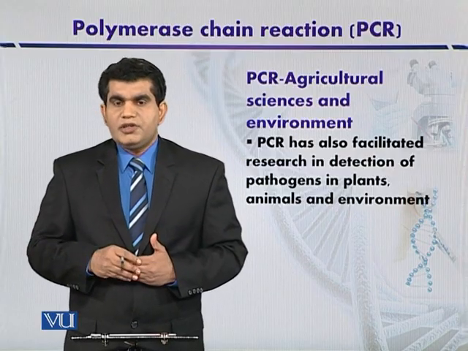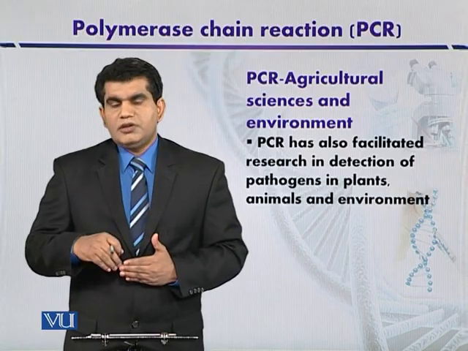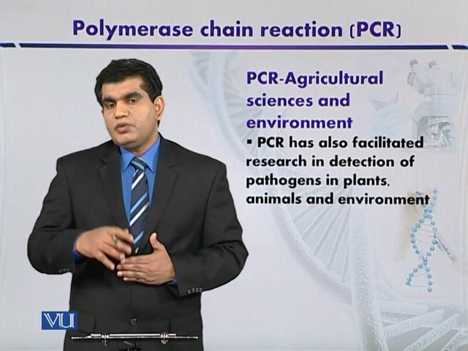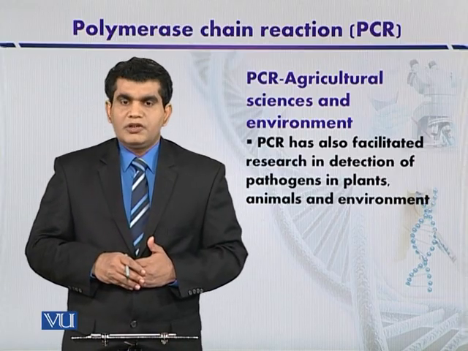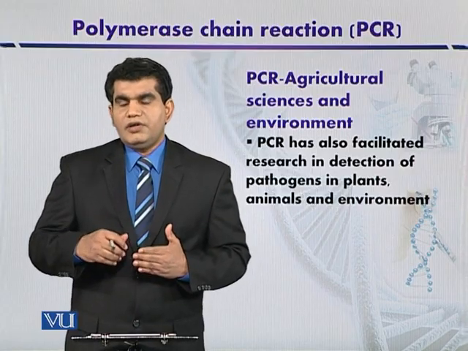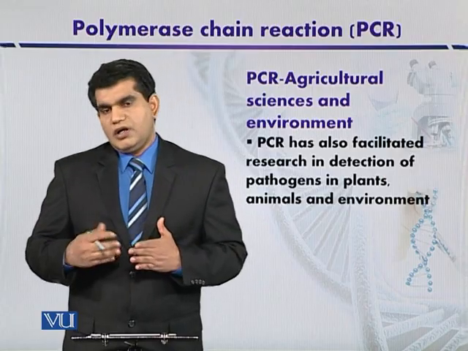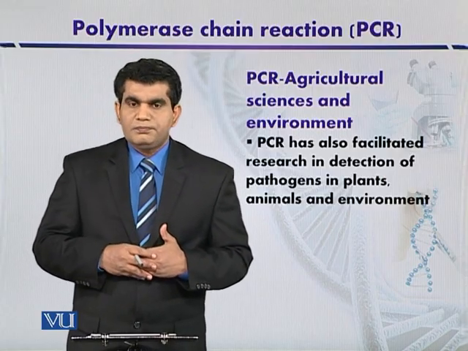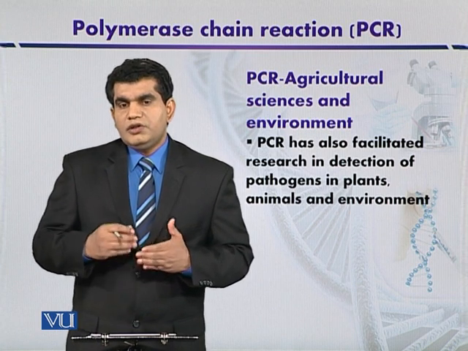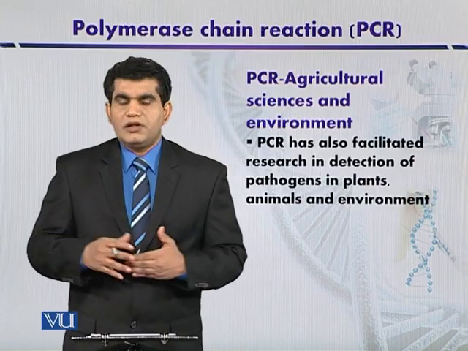And here again PCR can provide the specific target gene so that a particular microbe can degrade some pollutant in the environment. So this technique can be used not only in the field of agriculture to detect different diseases or to transform the organism, but also to introduce our gene of choice in the microbes so that they can clean the environment for us.